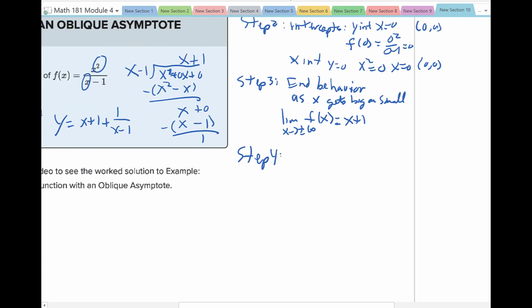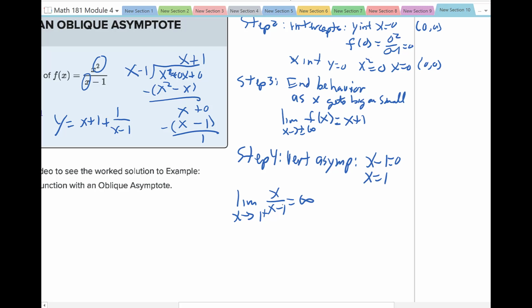So step 4, we are going to find vertical asymptotes, and I think we already see where there's a vertical asymptote. Where x minus 1 equals 0, so x equals 1. So if we take a look at the limit as x approaches this asymptote from the right side of x over x minus 1, we'll get infinity.